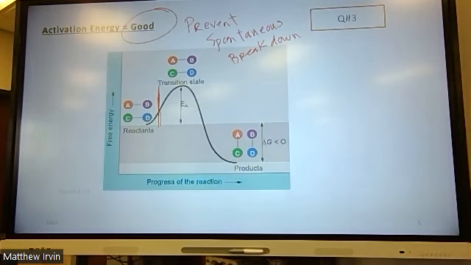So we do not want our DNA to spontaneously start degrading. That would be bad. So having a high activation energy for the breakdown of DNA is a good thing. Then we need to have the proper enzymes to catalyze the proper reactions, but we don't want things randomly breaking apart when we don't want them to.